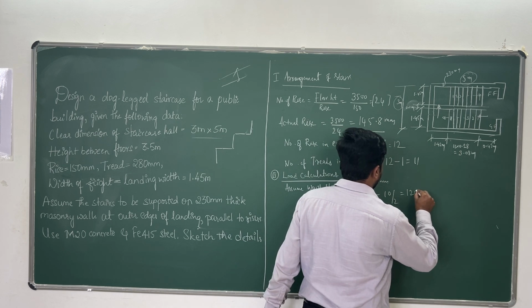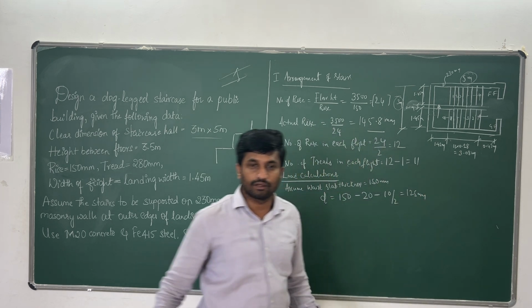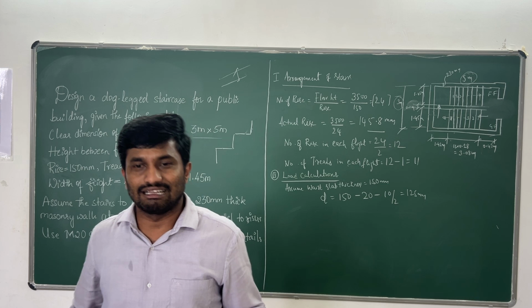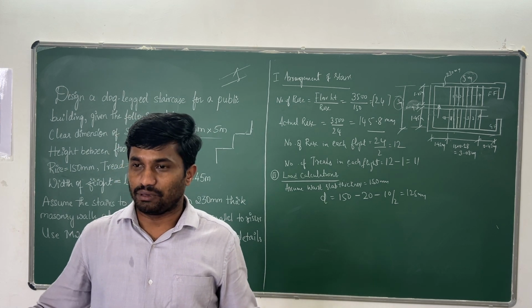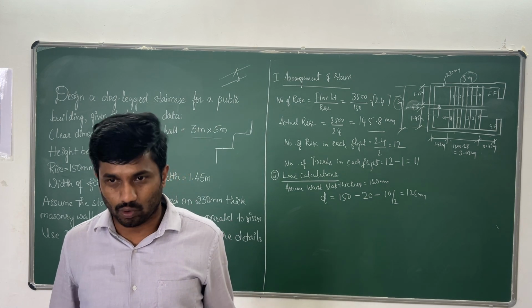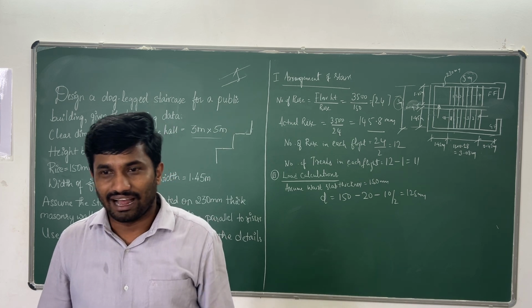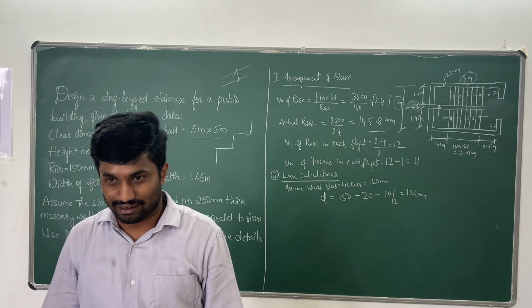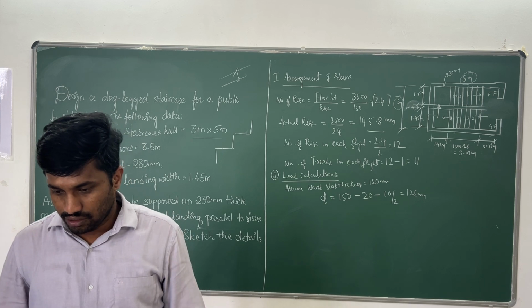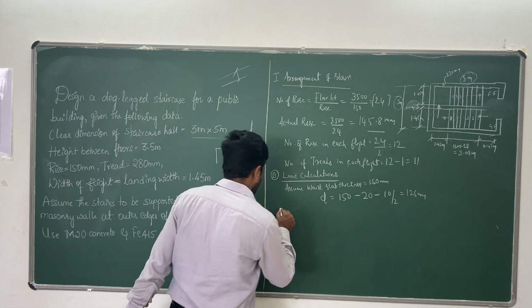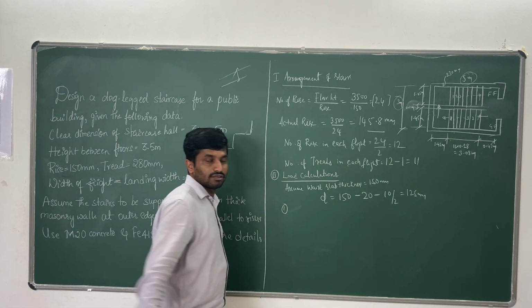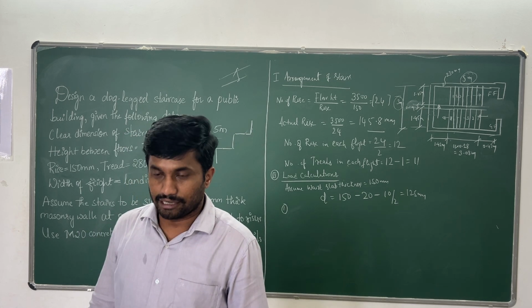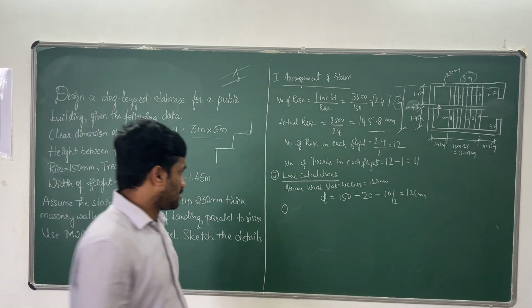This is the effective depth of the waist slab. In general design of beams or slabs, these are the things we assume: covers and bar thickness. Clear?